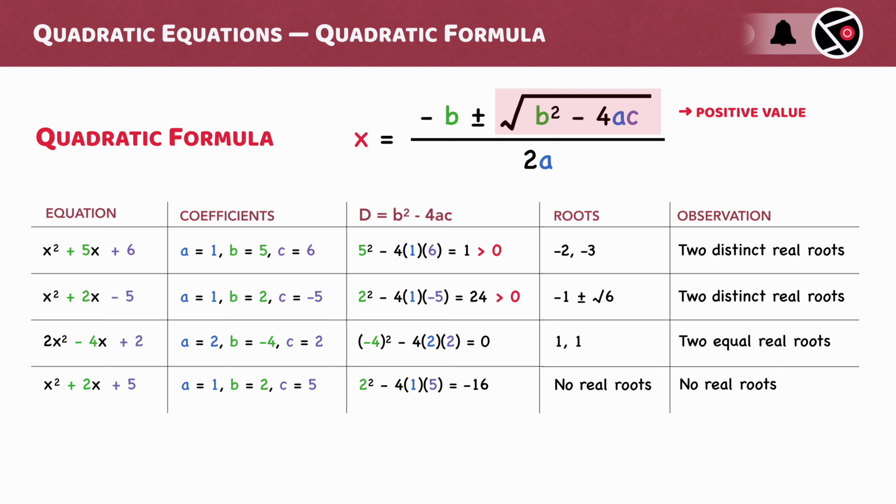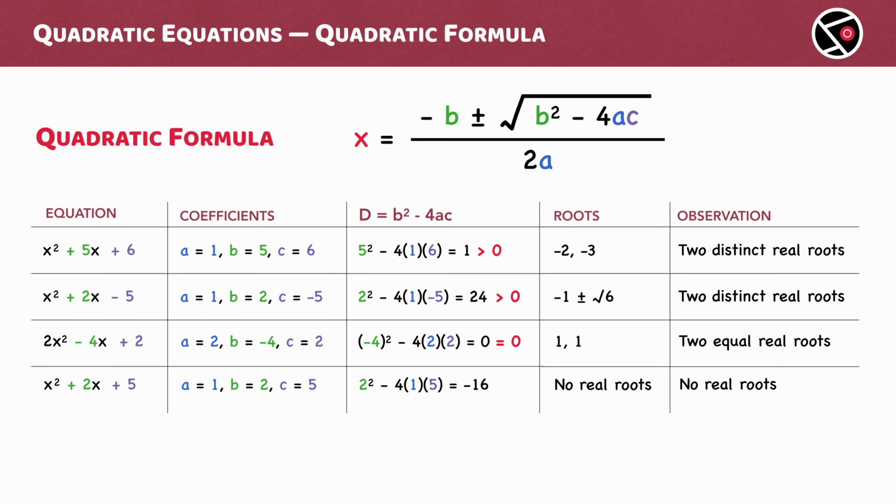An equation with positive d will always have two distinct real roots. For our third equation, d equals 0. The square root of d becomes 0. So the plus and the minus give the same value of x. D equal to 0 means the equation has two equal real roots.